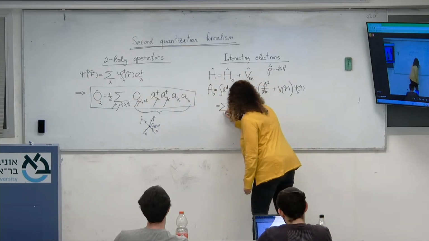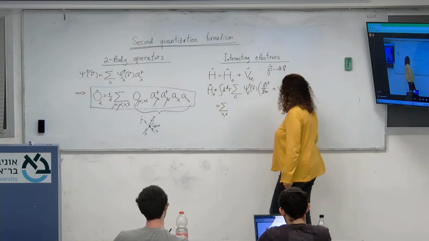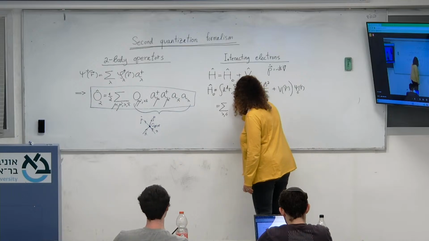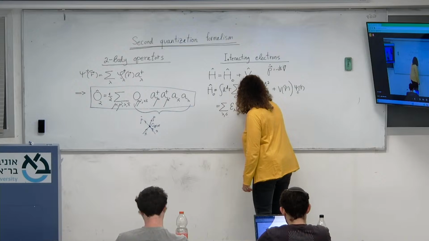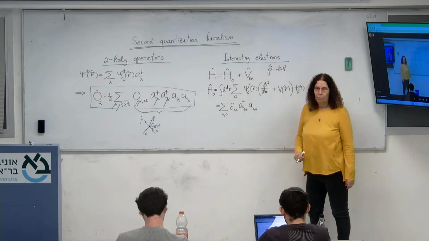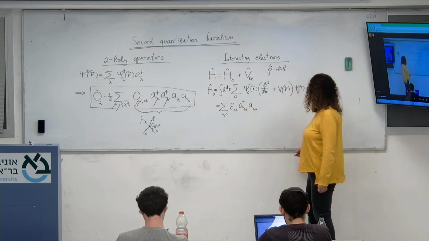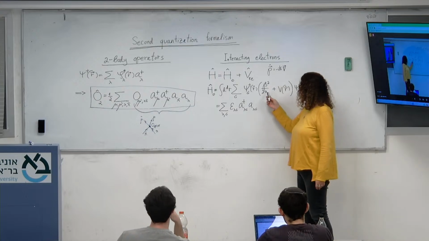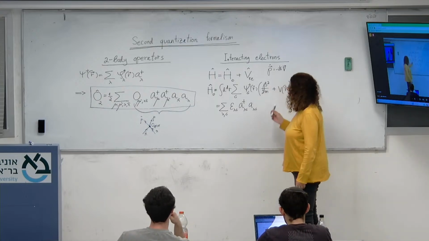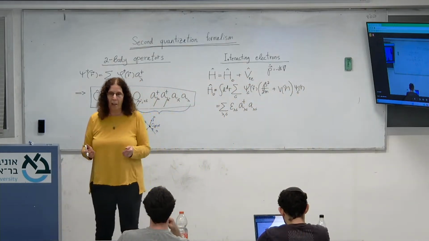But the H naught will have a much simpler form, which I can write most generally like this. Okay, and the epsilons, what are they? They are the eigenvalues of this single particle Hamiltonian. In other words, they are the solution of the single particle Schrödinger equation. Okay?